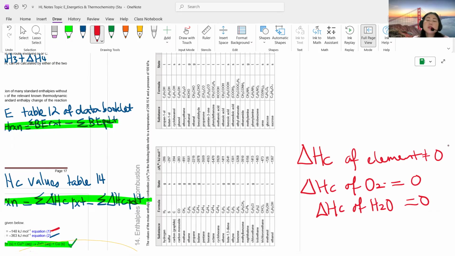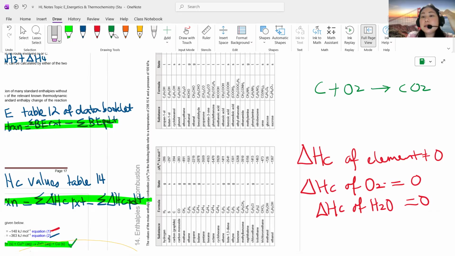HC is the amount of enthalpy change when 1 mole of that substance is burned in excess oxygen. If I burn 1 mole of carbon in excess oxygen, I'll get CO2. So there is a reaction, and because there is a reaction, there'll be enthalpy change.